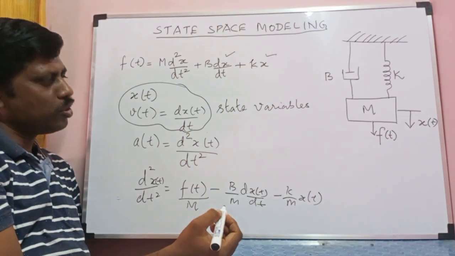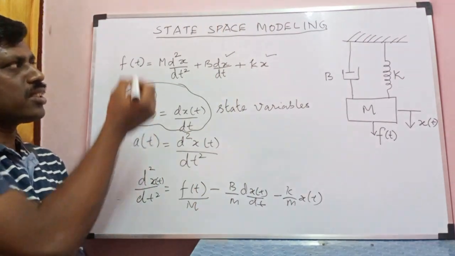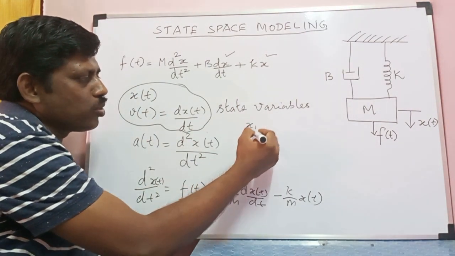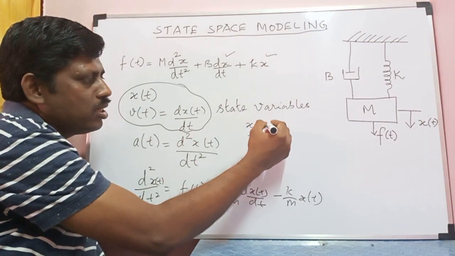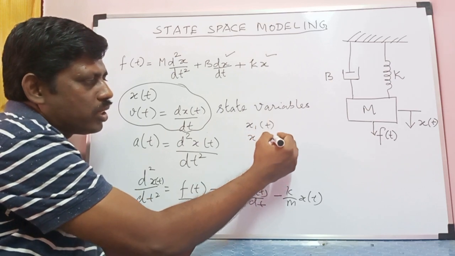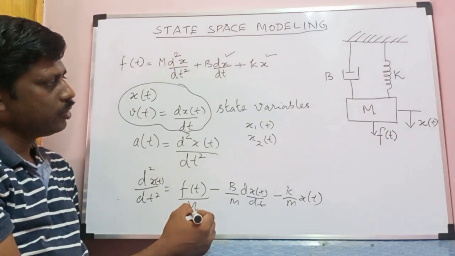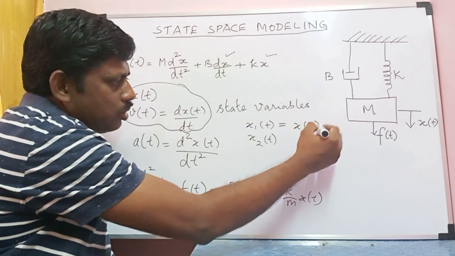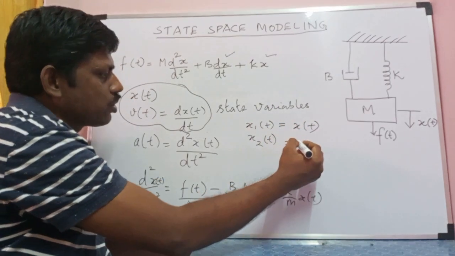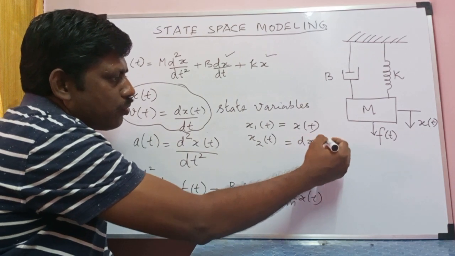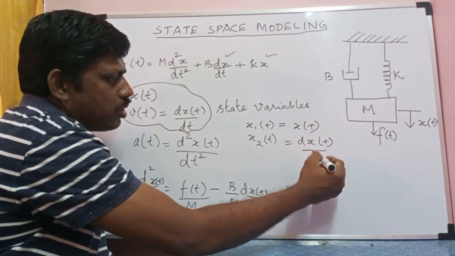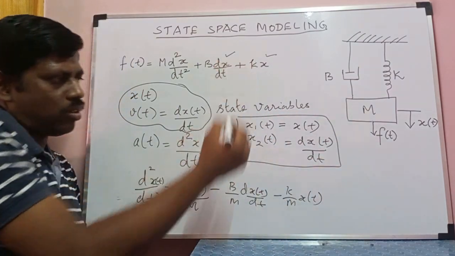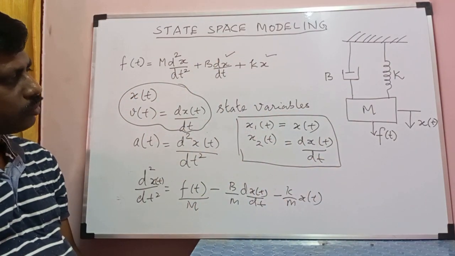Usually the state variables in state space modeling are given the notations x1 of t and x2 of t. So x1 of t is x of t and x2 of t is nothing but dx of t by dt. So these are the state variables which I define for the system.